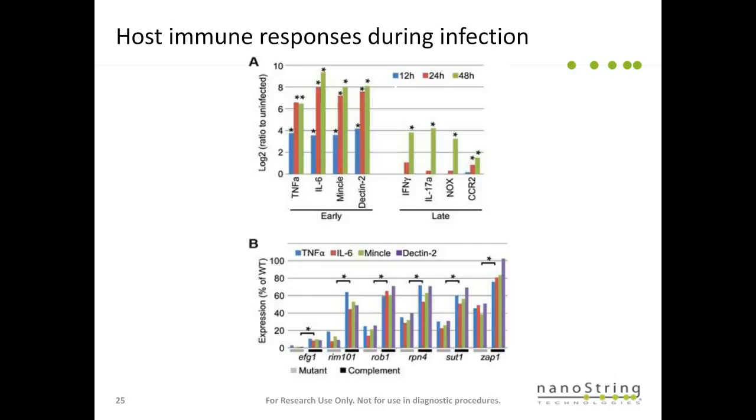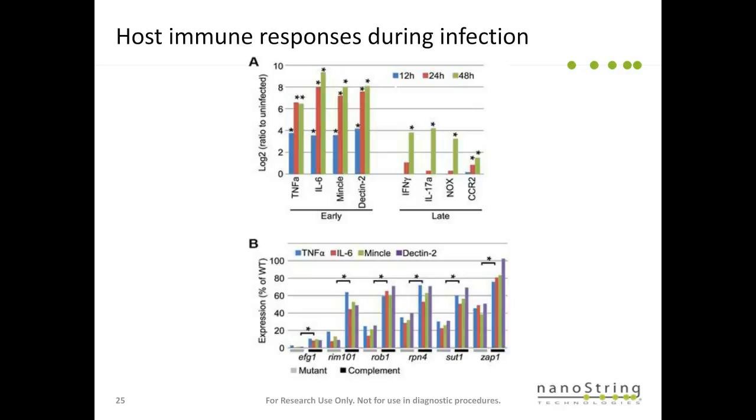In figure B here, what I'm showing you is that we compared the overall immune response from 4 representative genes when the mouse is infected either by a mutant strain where some of the key transcription factors have been knocked out, or from a complement strain where the gene has been put back into the mutant strain.